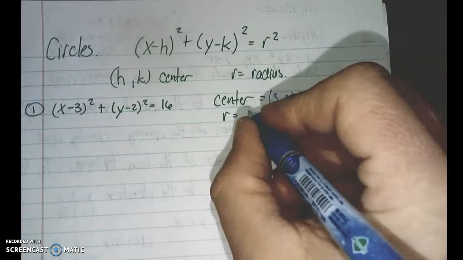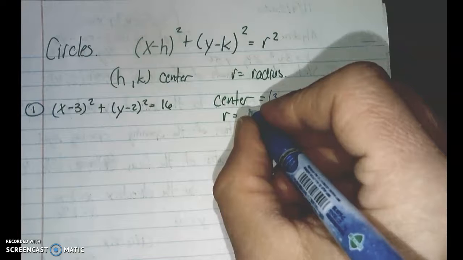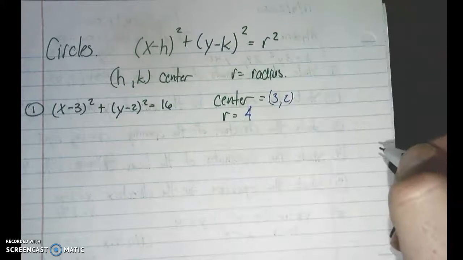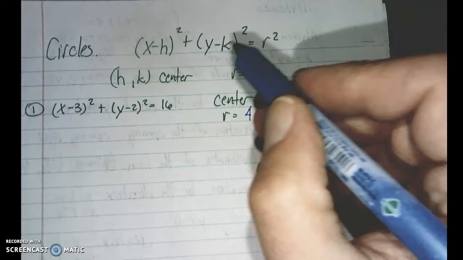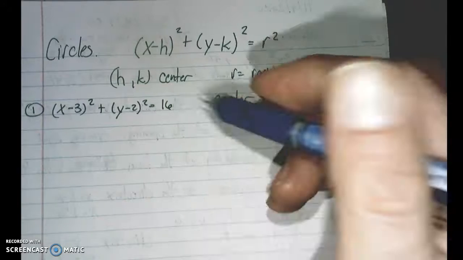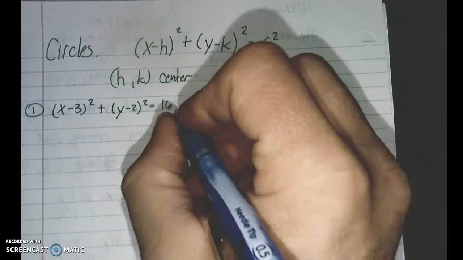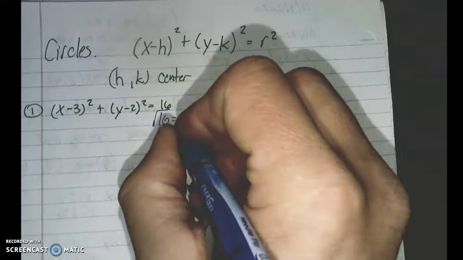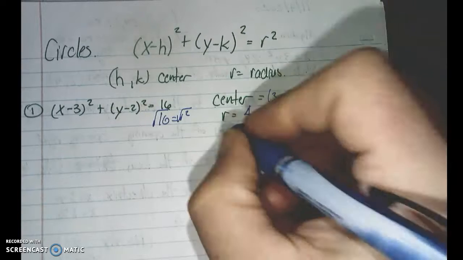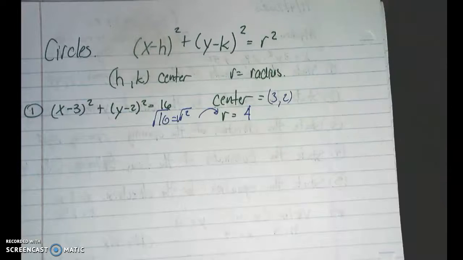Radius is not 16, but 4. Go ahead and ask me why. Because this is r squared. So if 16 equals r squared, I have to take the square root of both sides to get r. So r is equal to 4.